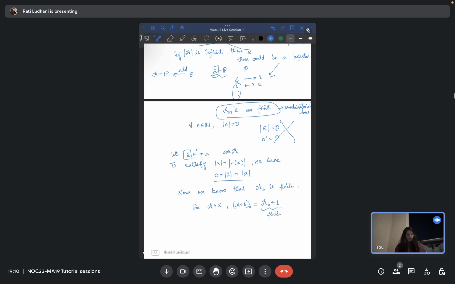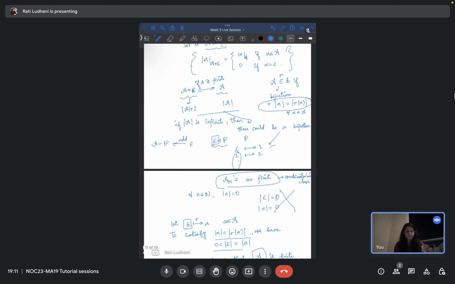So this implies this is finite. So this cardinality is not going to be the same as cardinality of A0, and there it will fail, because you have n many elements which are of size 0 and n plus 1 elements which are of size 0 in A plus epsilon, and that will make sure that you will not get this value.